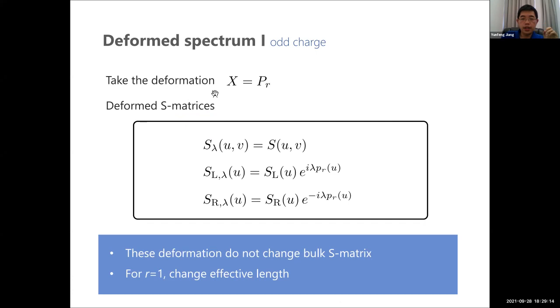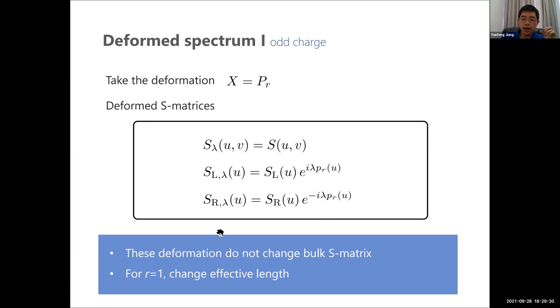And we also have the case where X is the odd charge. In this case, as we said before, the bulk S matrix is not deformed, but the left and right boundaries are deformed.